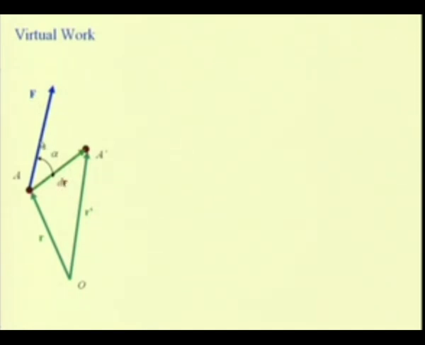Or in other words, we find the component of this force along this displacement vector dr and multiply them to get the magnitude of the work done. Or it could be the other way around, that we find the component of this displacement along this force vector and say that the work done by this force is the product of the force and the component of this displacement vector along this force.